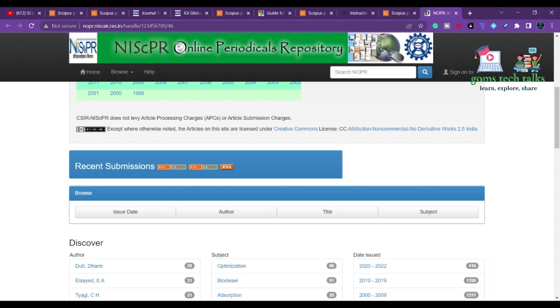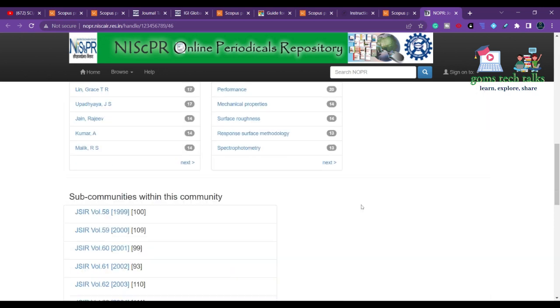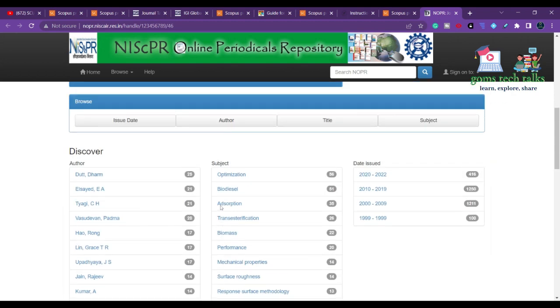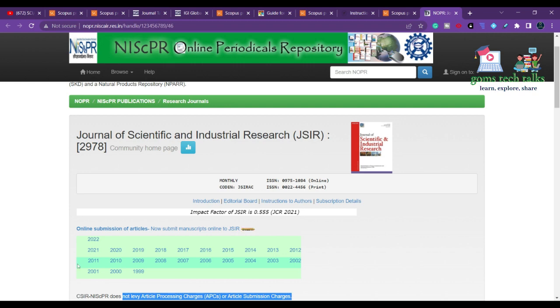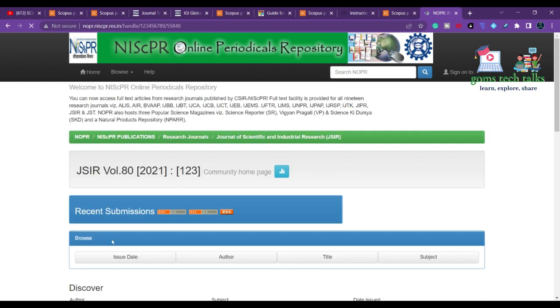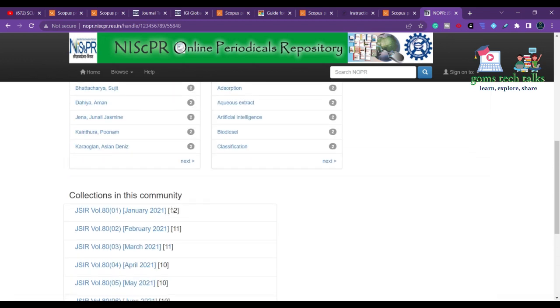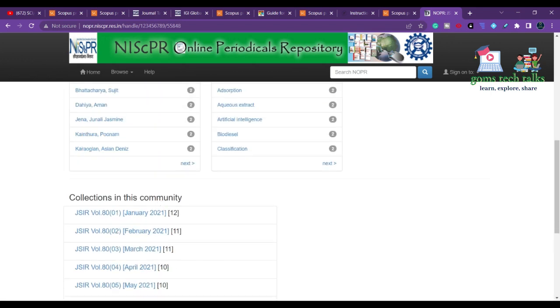So here you can see that it does not levy article processing charges or article submission charges. So great, and you can go and check how many issues per year. If they haven't mentioned how many issues they will be issuing per year, you can see that they are issuing 12 issues per year.